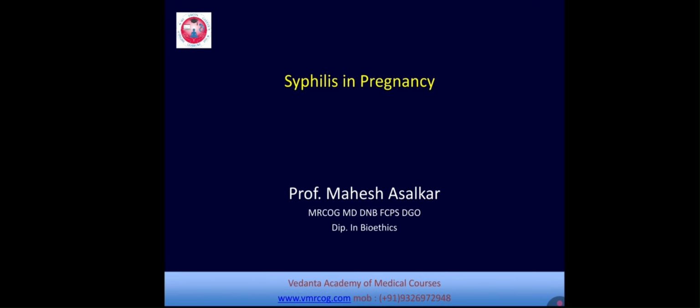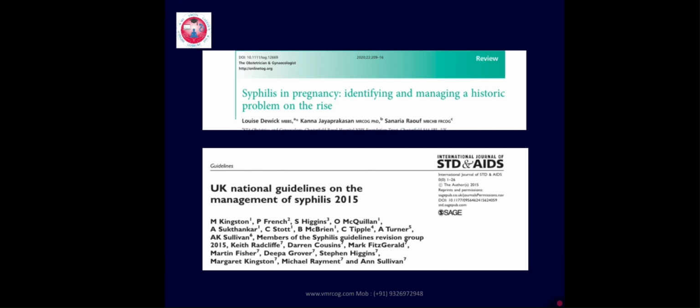For Part 2, both SBAs and EMQs can be asked, so listen to this topic very carefully. Whatever I have highlighted in yellow color are either important concepts for understanding, or recalls that can be asked in the examinations. So for today's talk, we are going to discuss two articles.